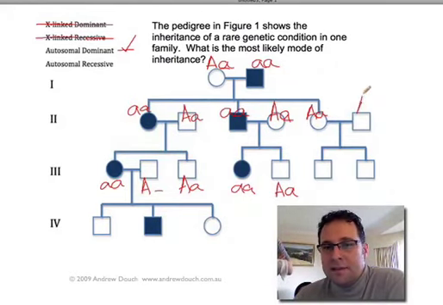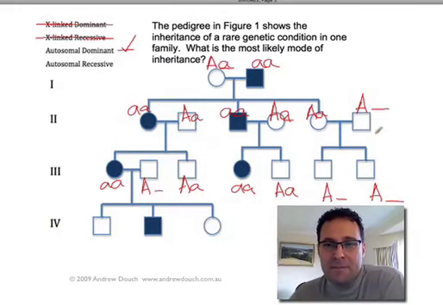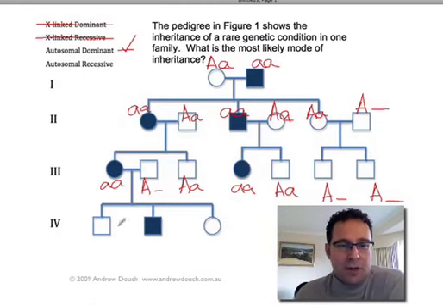Over here, this guy marrying into the family must have a big A. We don't know what that other allele would be, but we do know it doesn't actually matter. Their kids are both going to have a big A. We don't know what their other alleles are, but it really doesn't matter because it could be big A, little a. It's still quite explainable.